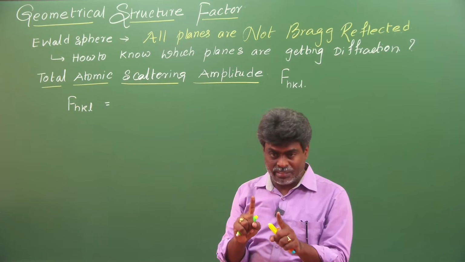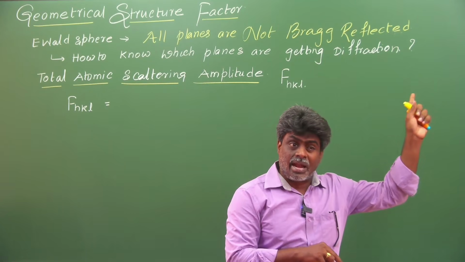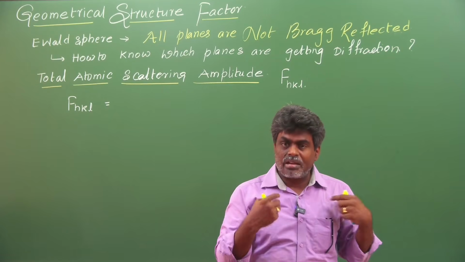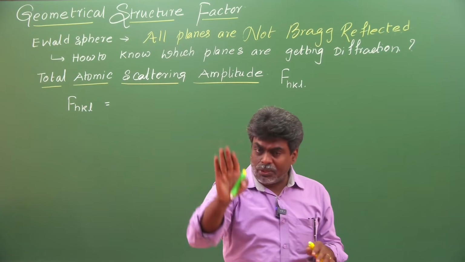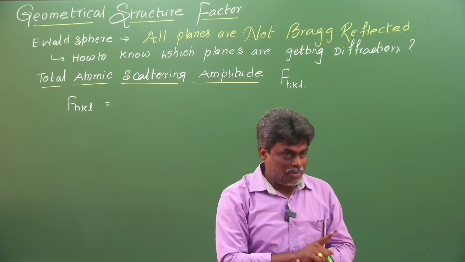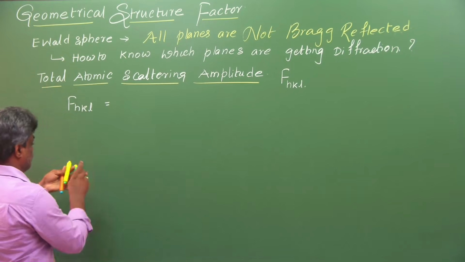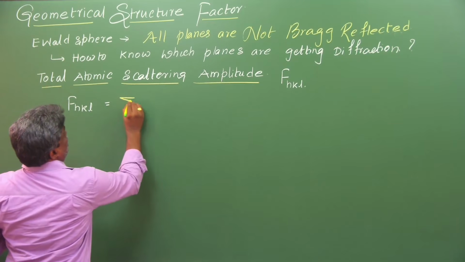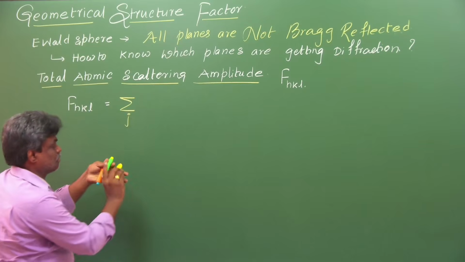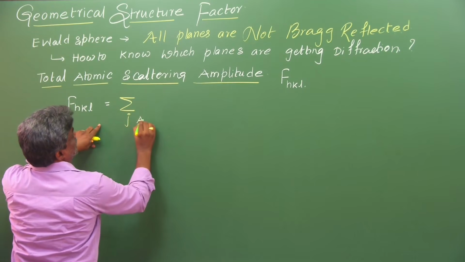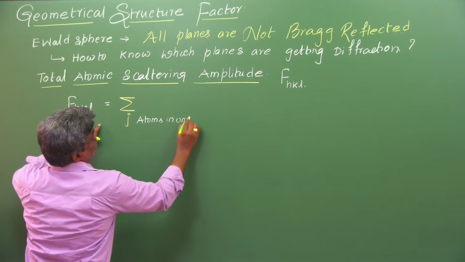I told you already, we are not going to bother about the 10 to the power of 23 atoms in the crystal. We are bothering only about those atoms which are in the unit cell. I hope everybody understands. That's why here I am using the word total. So summation over j means summation over all the atoms in a unit cell.